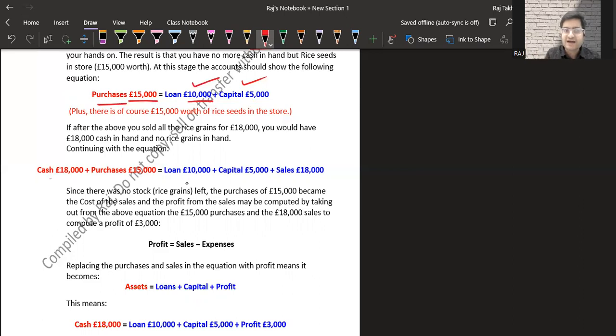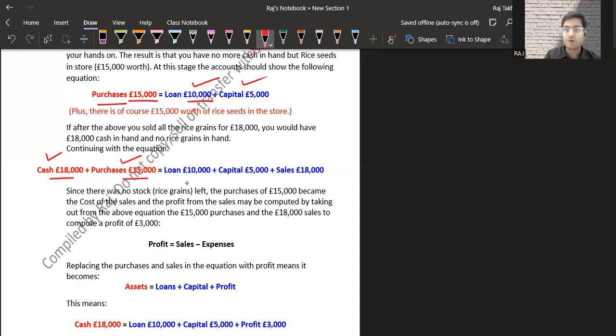So in this case, our left hand side will increase by the cash of 18,000 pounds, as cash is an asset for us. Yes, this is the resource that the business owns. So cash on the left hand side along with the purchases will make the total of 33,000. We have cash at 18,000 pounds and purchases at 15,000 pounds.